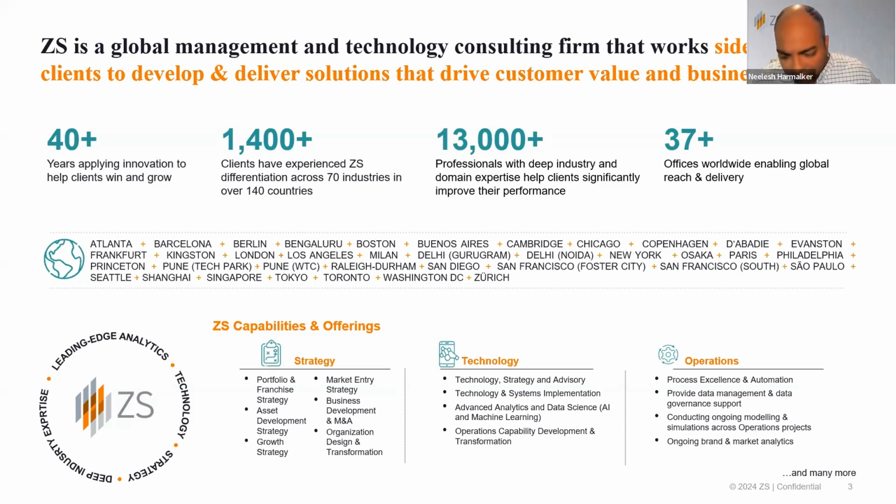I won't go through all of what we offer because we want to get into the meat of our session today, but we offer everything from strategy through technology through operational work. I'm always happy to answer questions about who we are and what we do offline.